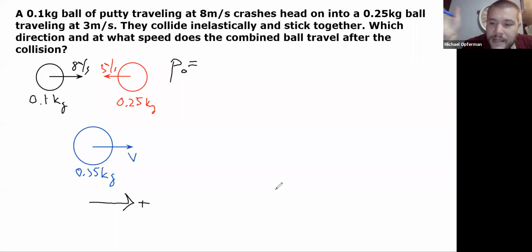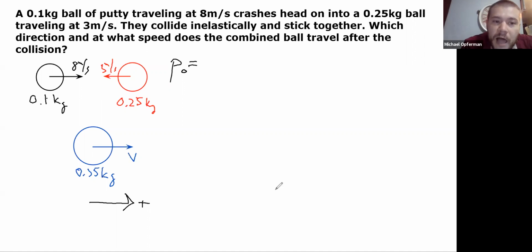So for each momentum that I write down, I'm going to do the mass times the velocity. And then remember that momentum is a vector, so I'll need to sign these. The momentum vector has the same sign as the velocity vector. So if the velocity is going to the right, it'll have a positive momentum. If the velocity is going to the left, it'll have a negative momentum.